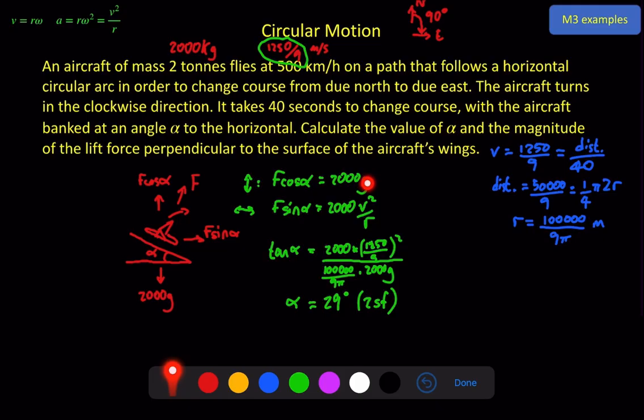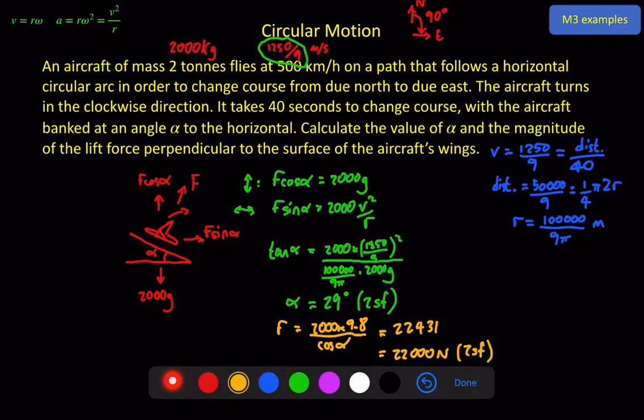So we've got 2000 times 9.8 divided by the cosine of this gives me F, and that is a fairly chunky 22,431, which I should round also to two significant figures. There we go. Approximately 22,000 newtons at an angle of 29 degrees to the horizontal.